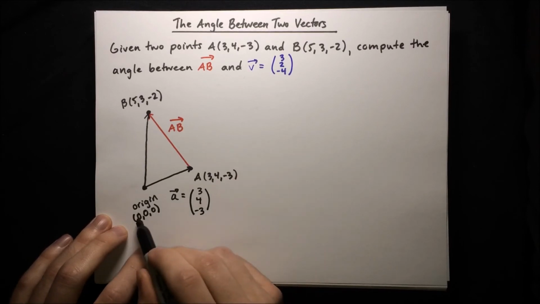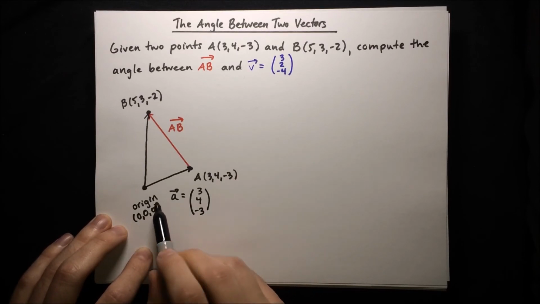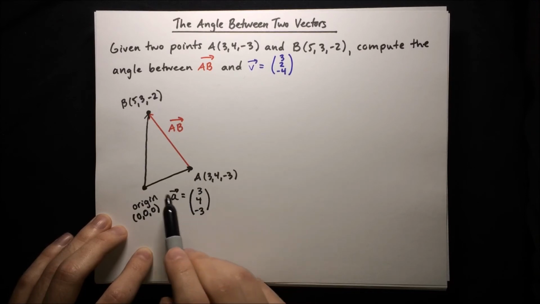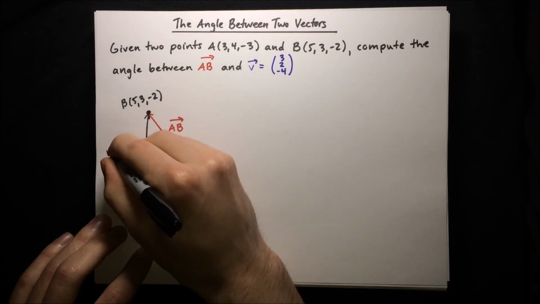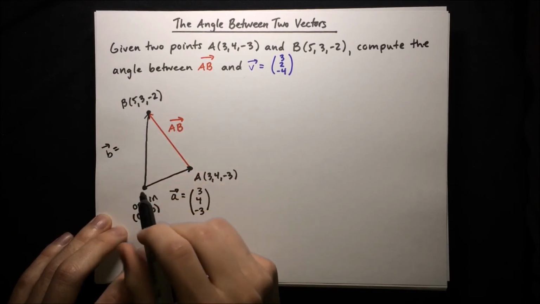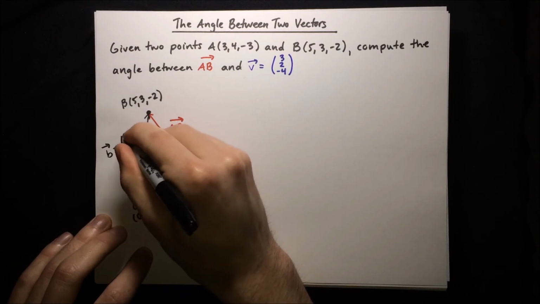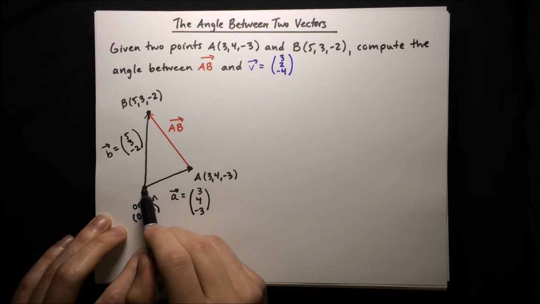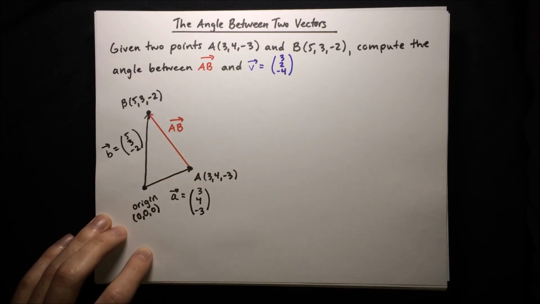If we start at 0, 0, 0 and then go along this vector A, we'll reach the point A. And then for B, it's kind of the same idea. We define a vector B, which has as its components the coordinates of B. So 5, 3, negative 2. And this vector will take us from the origin to the point B.